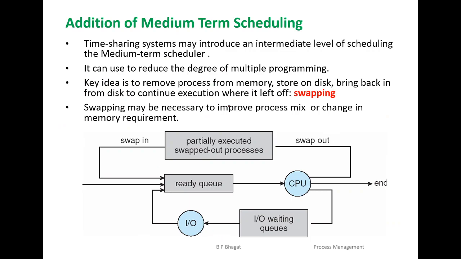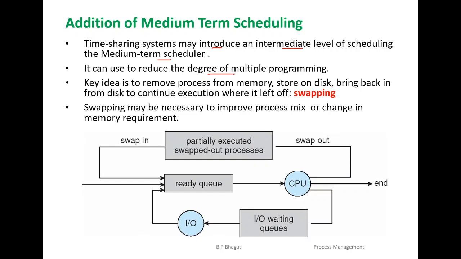Another type of scheduling is medium-term scheduling. The time-sharing system may introduce an intermediate level of scheduling, and we call it the medium-term scheduler. It can be used to reduce the degree of multiprogramming.